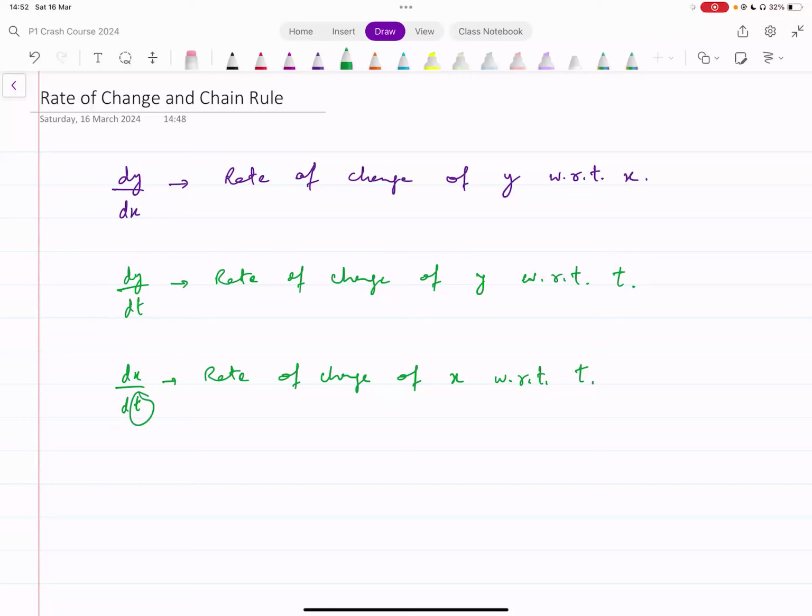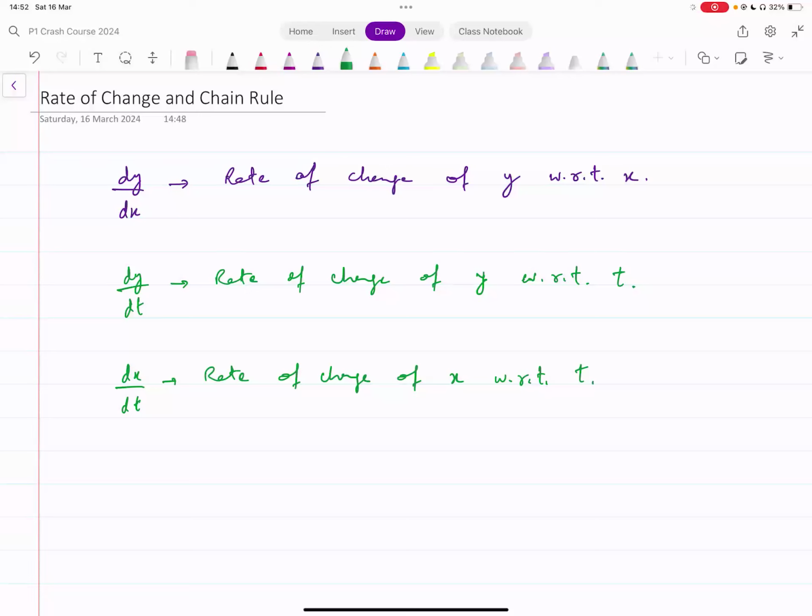Now t here represents time. And in a lot of cases, when we refer to rate of change, we assume there to be time in the denominator. So a lot of times when we refer to rate of change, we would be referring to rate of change with respect to time.